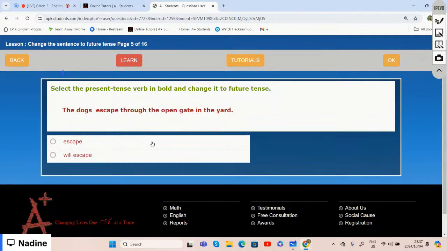The dogs escape through the open gate in the yard. How are we going to write that in the future tense? The dogs escape through the open gate in the yard.